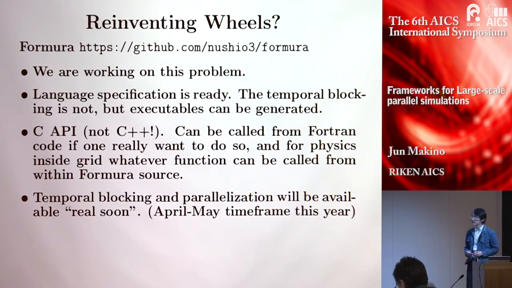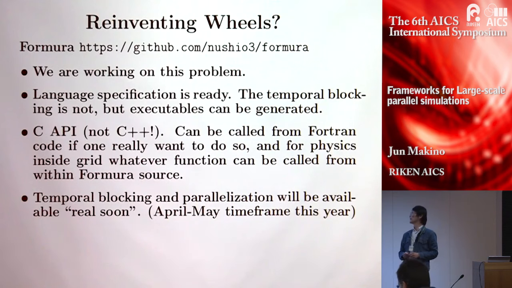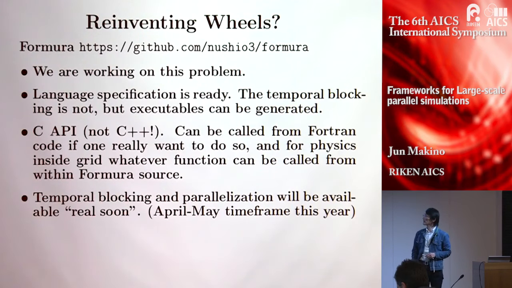So in some sense, what we're doing is very much a reincarnation of it. We are currently working on this, and the language specification is ready, the API is ready, and the prototype version is actually working, so you can run simple programs in our Formula language and see them run.